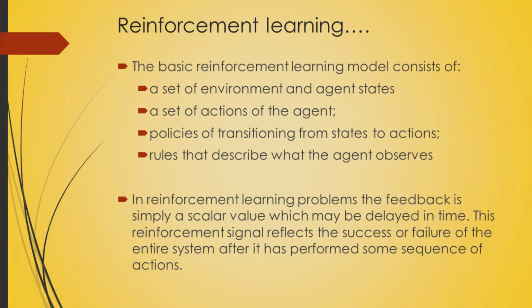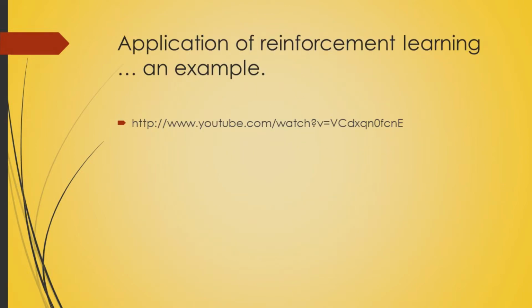The applications of that, I think I've got, yes. When you go home, you can watch certain YouTube videos. This is one link to that. It's basically a toy helicopter which uses reinforcement learning to learn how to fly. For example, it knows that if I go like this, I'm going to hit a tree.